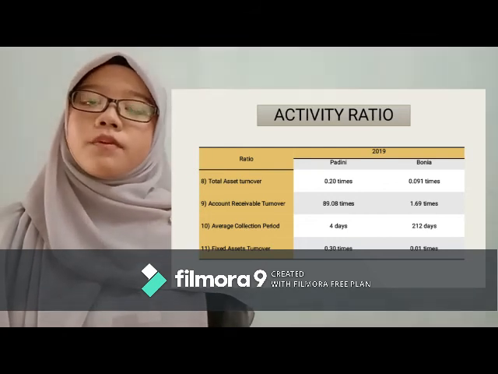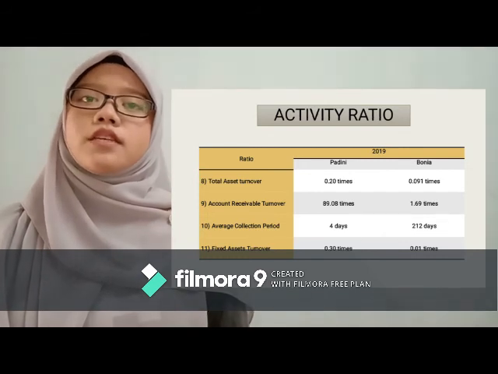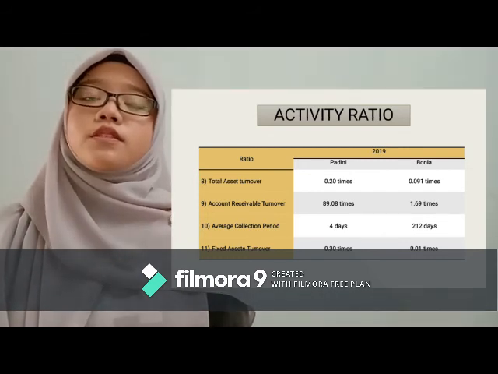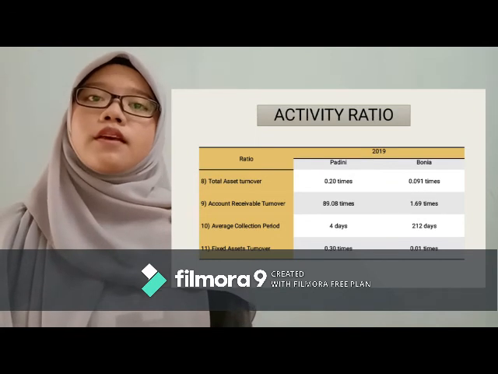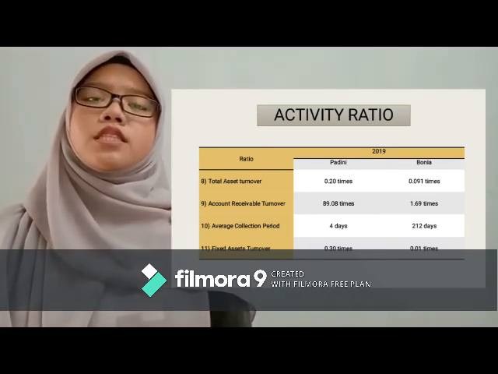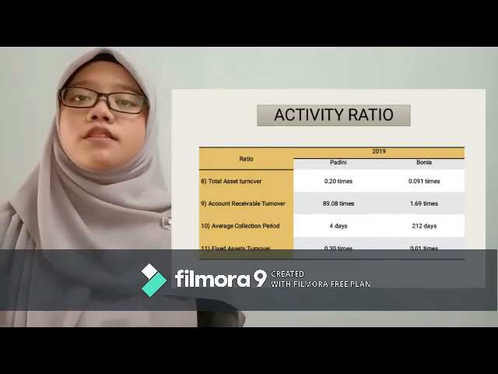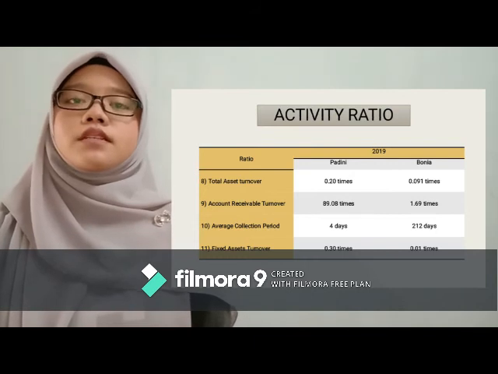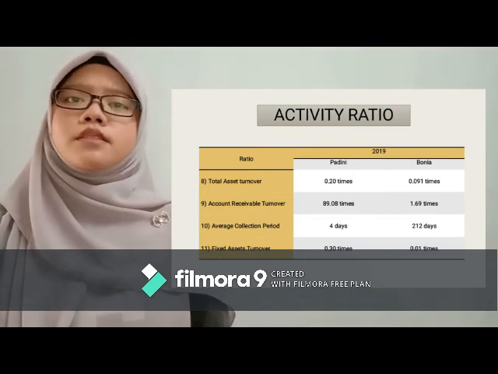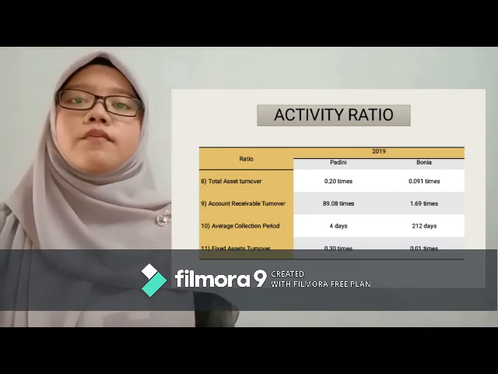Total asset turnover, Padini was higher than the other company, which is 0.20 times, and higher than Bonia, 0.091. And then for the receivable turnover, Padini was higher than the other company, which is 89.91 times.